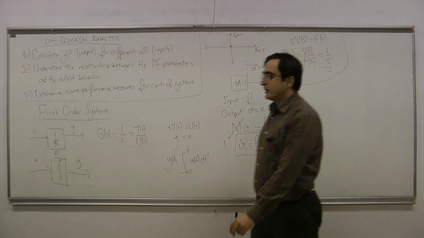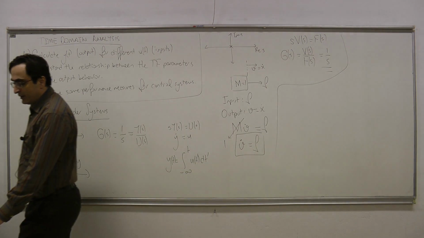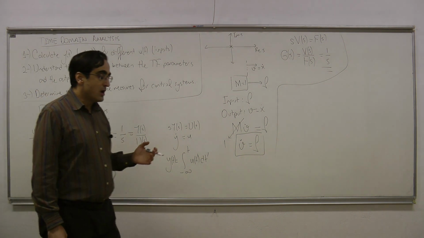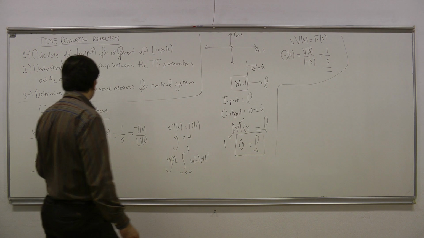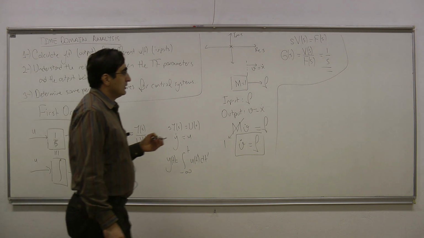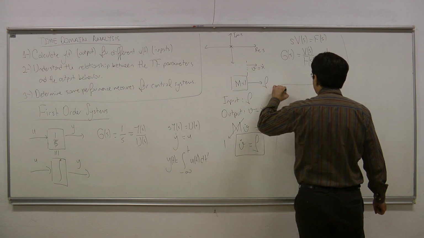So now we're going to be doing a very simple task, and that task is going to be calculating some outputs for this simple system to some simple inputs. Okay? So let us say the example.